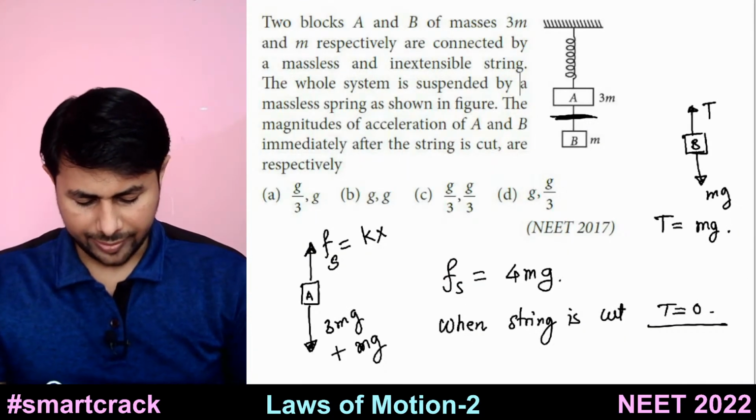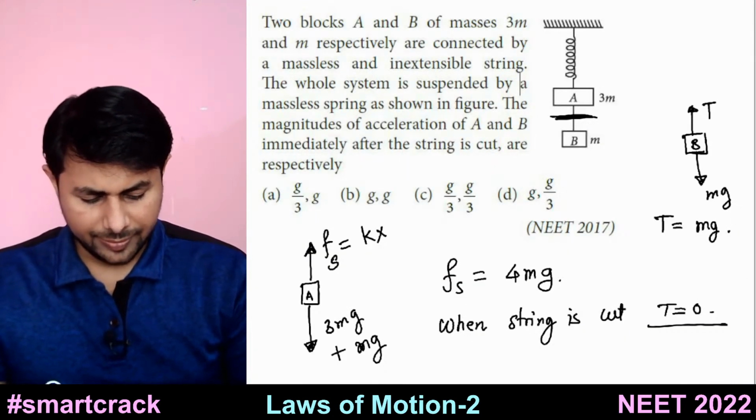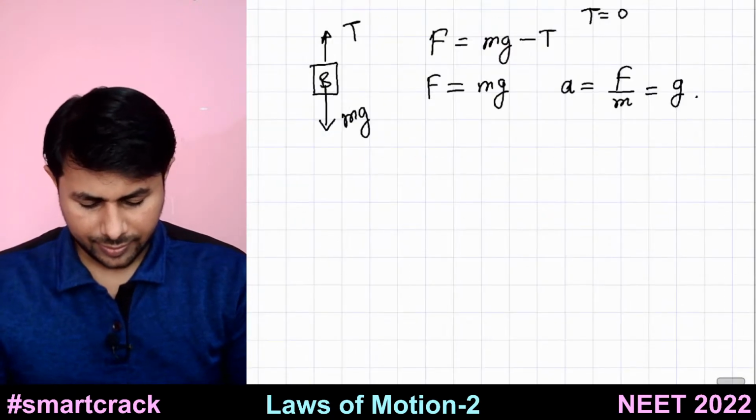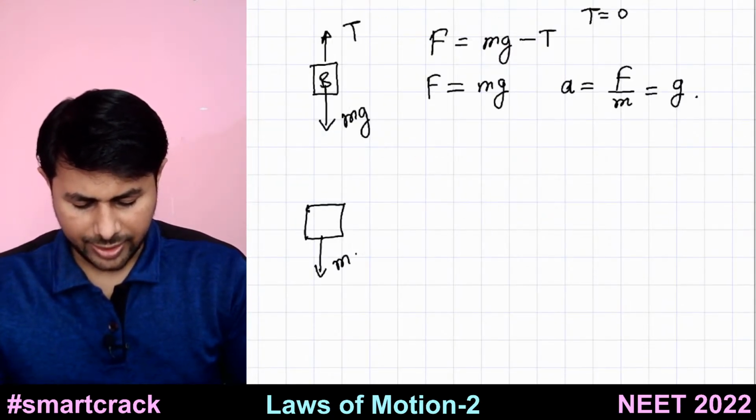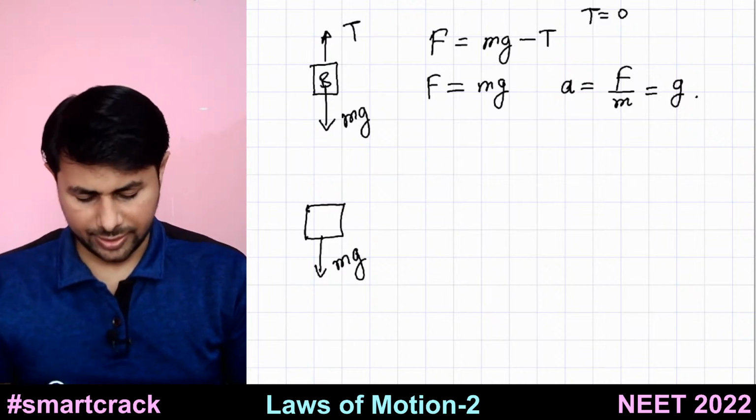What about A? For A, its weight is acting downwards. The string is cut, so the tension in the string, which was downwards, is gone.